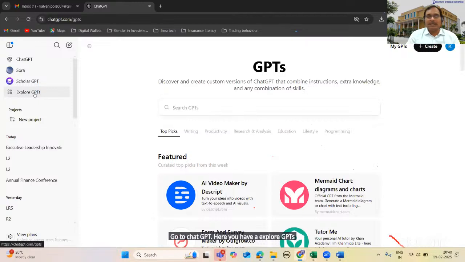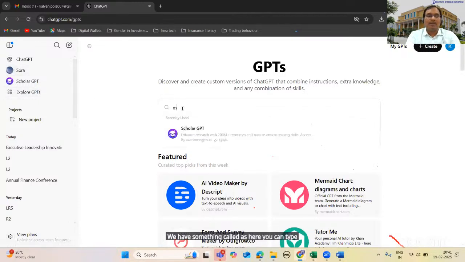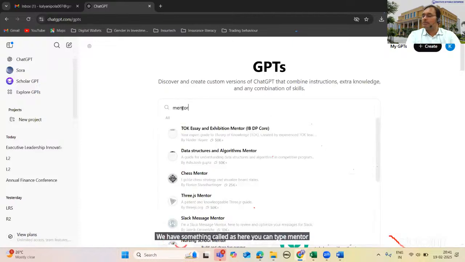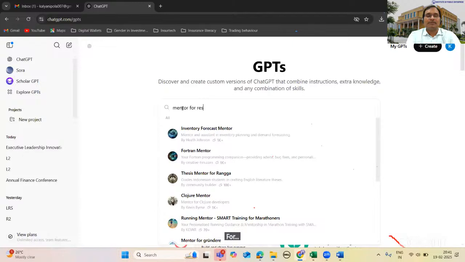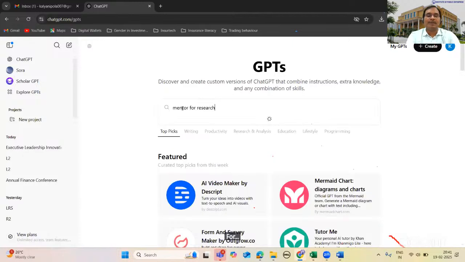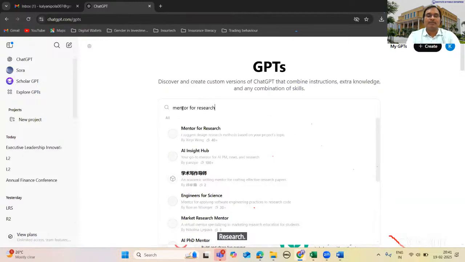From Explore GPTs, you can type mentor for research. Mentor for research is one of the GPT Explore options, which will help you.